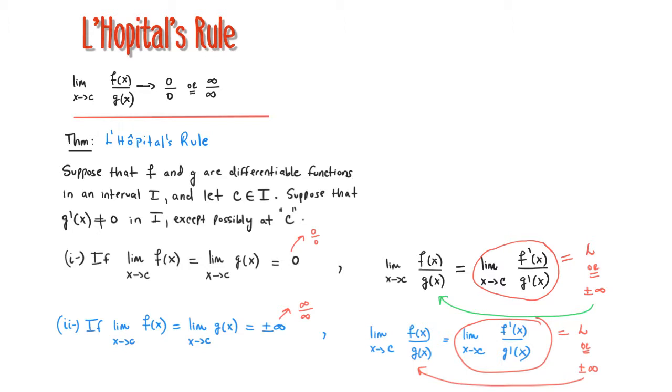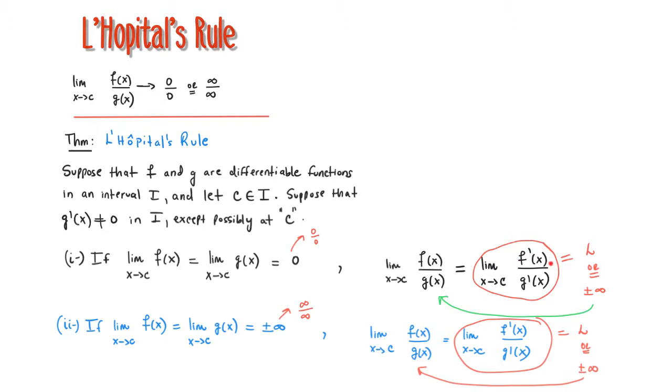As long as the function in the numerator and the function in the denominator are both differentiable in some interval I, and as long as the derivative of the denominator is not equal to 0 around c, then L'Hopital says that if we get a limit with this indeterminate form, let's say 0 over 0, or a limit with this other indeterminate form, infinity over infinity, then the way that we can try to evaluate that limit is by considering the limit of the quotient of the derivatives.